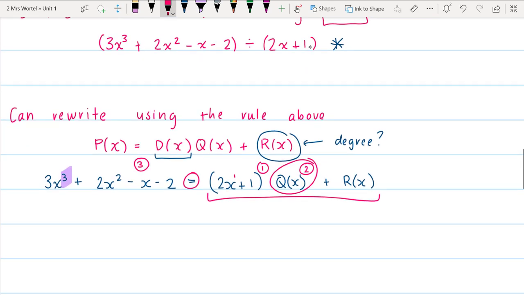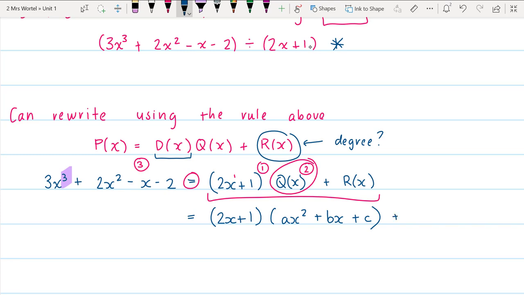So I can do something with that. That stays like that. This one is a quadratic. I'm just going to write the general form of a quadratic: ax squared plus bx plus c. And I still have this remainder.